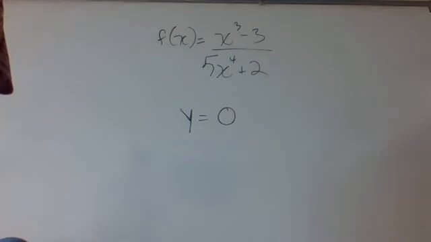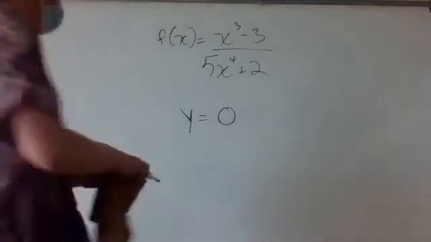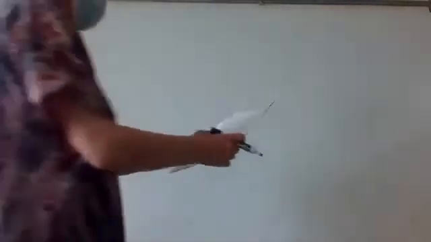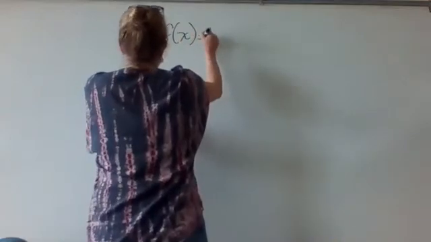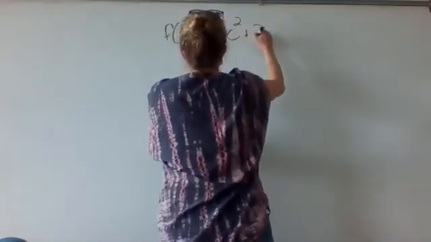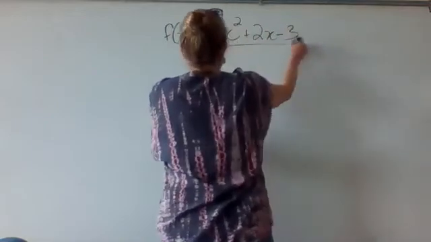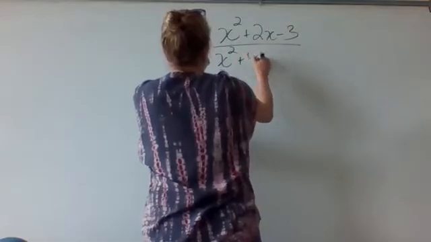All right, 22 asks us all the things. So let's write out our function. f of x equals x squared plus 2x minus 3 over x squared plus 5x plus 6.